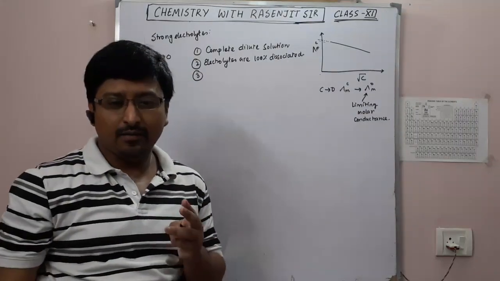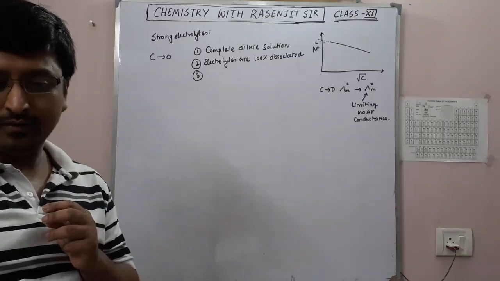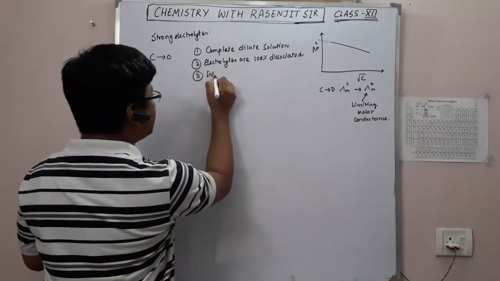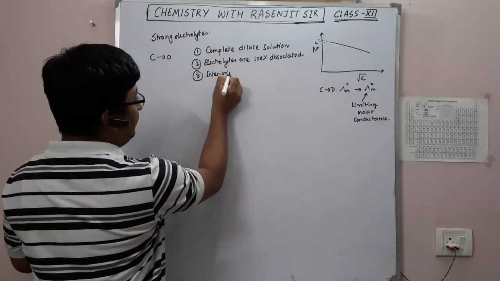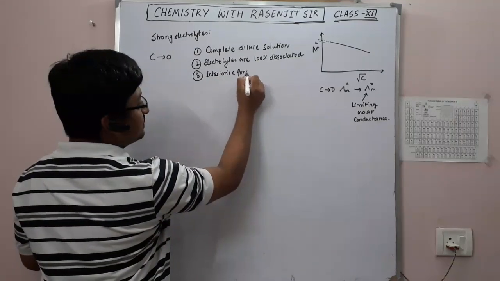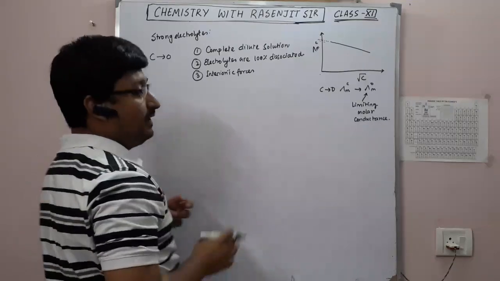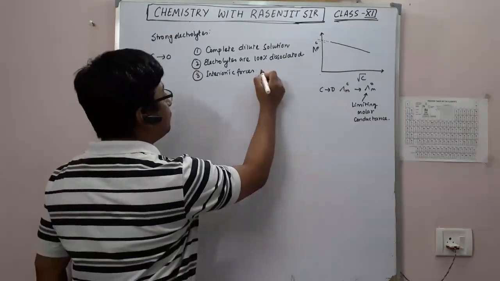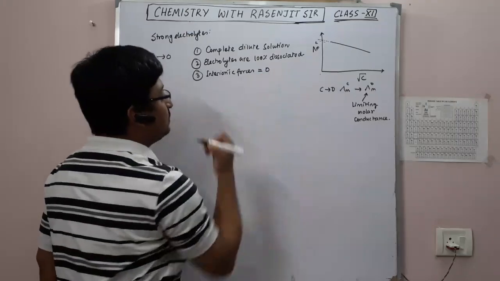Number three, we can assume the interionic forces, that is between the cation and anion, are zero.